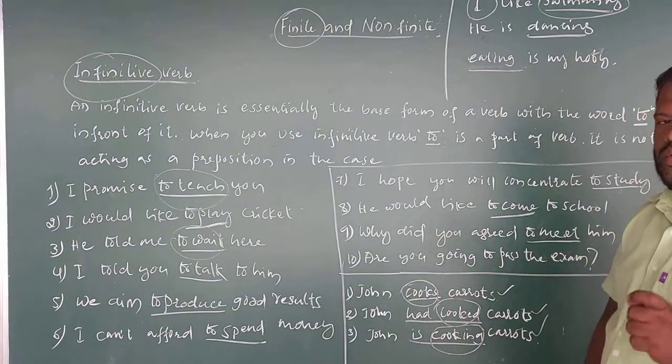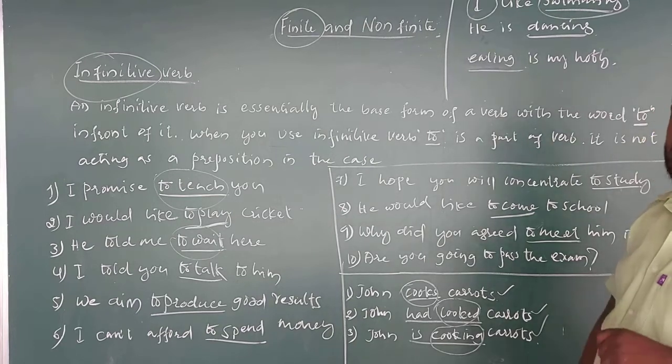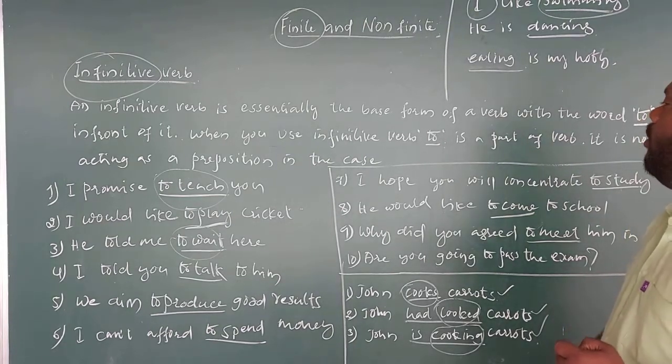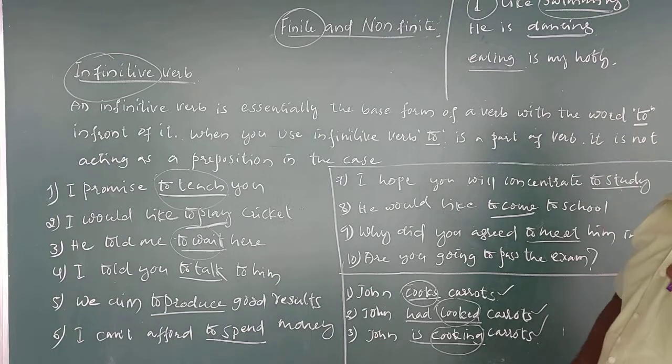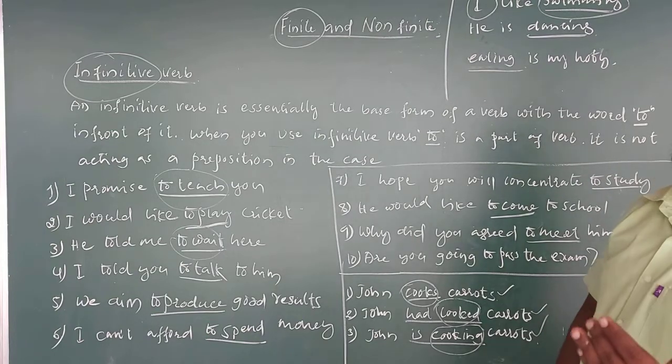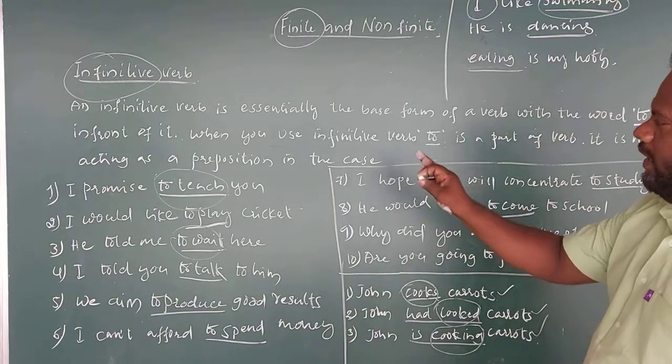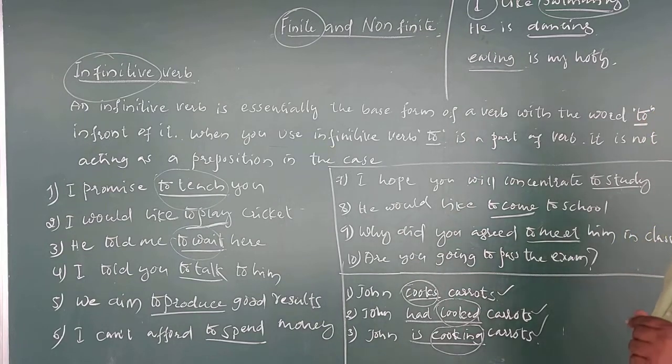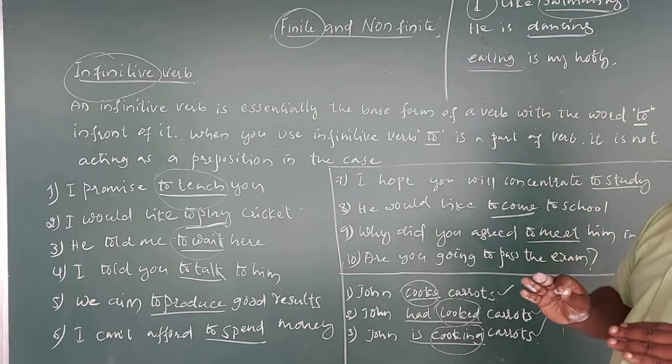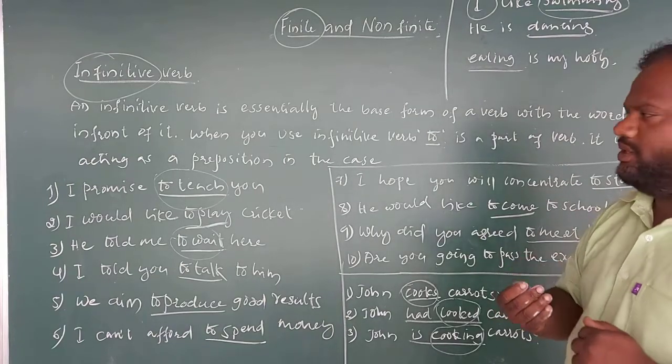An infinitive verb is essentially the base form of a verb with the word to in front of it. When you use an infinitive verb, to is a part of the verb. It is not considered a preposition.